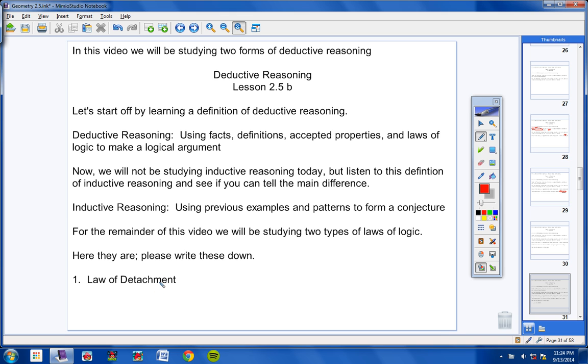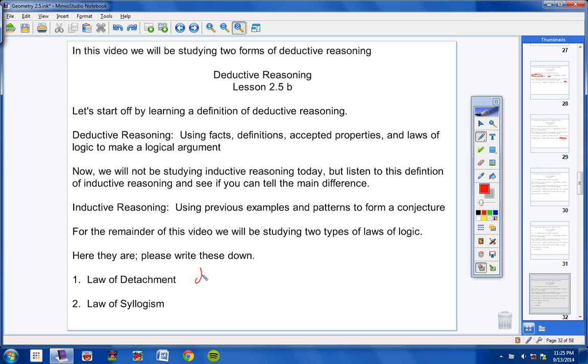Number two, the law of syllogism. This G has a sound like a J in jump. Please copy these down. These are the two laws we're going to look at today. We're going to study them.